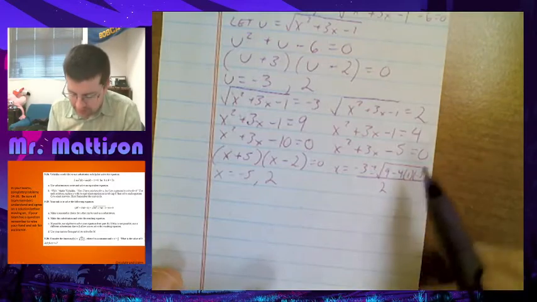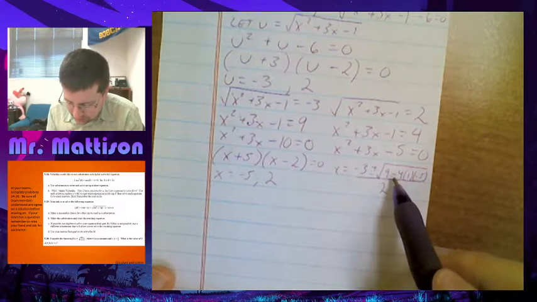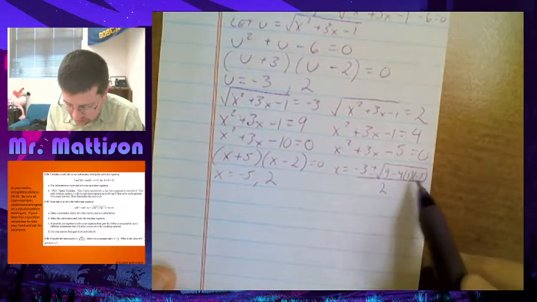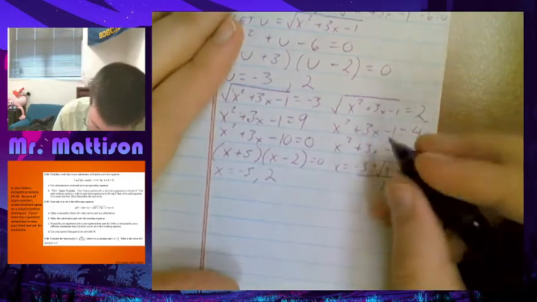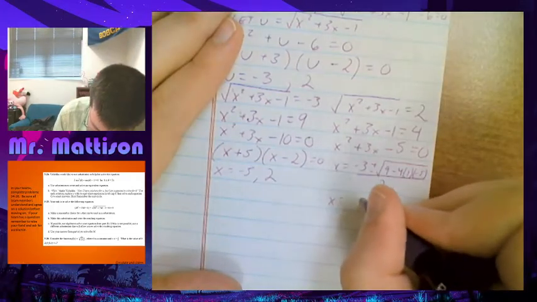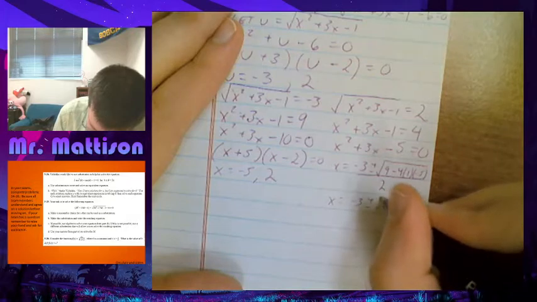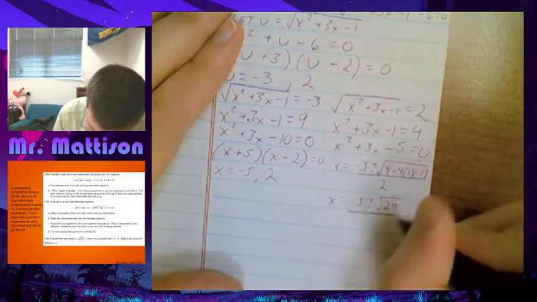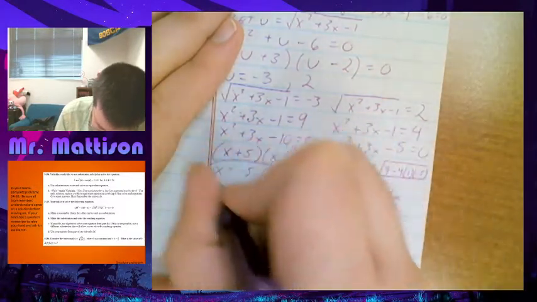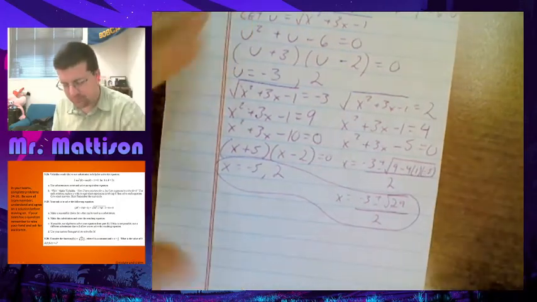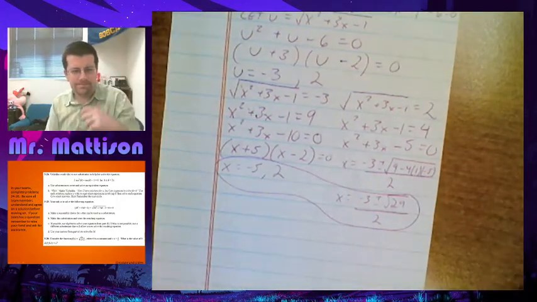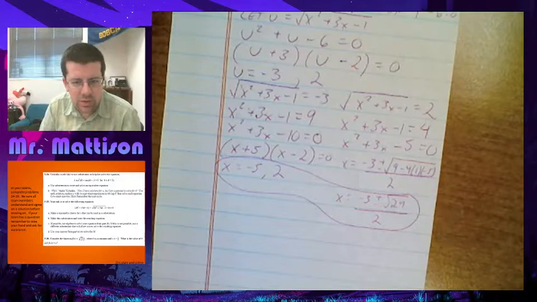So that becomes 9 plus 20 or 29. So I get x is equal to -3 plus or minus radical 29 over 2 as my other solutions for it. Okay. All right.